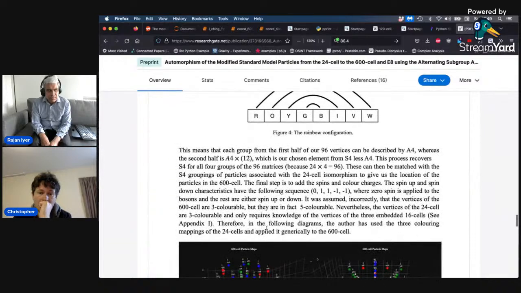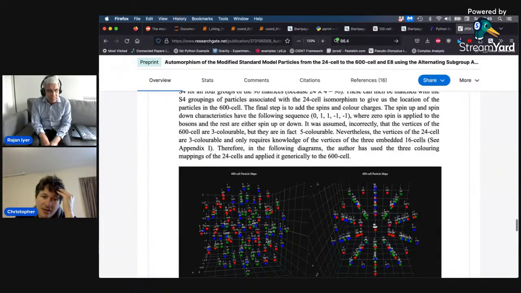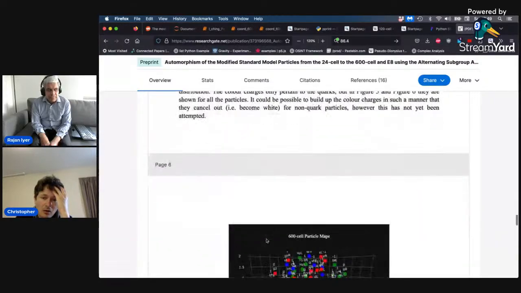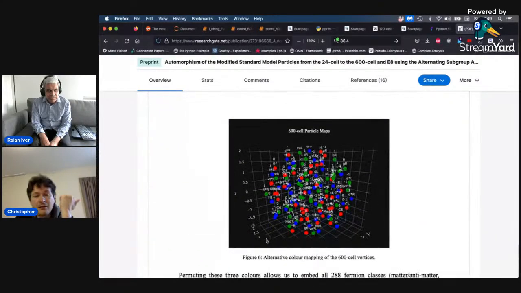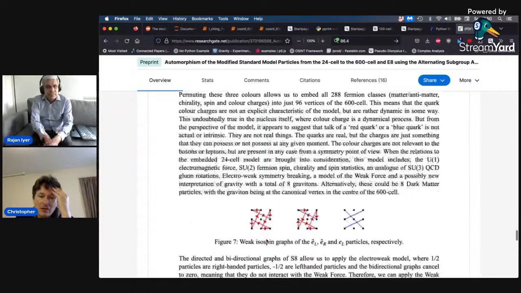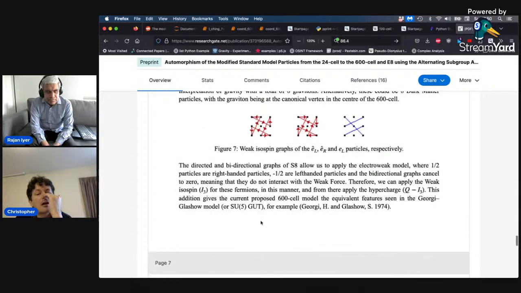So instead I used the 600 cell, and I was able to get all of the particles, the antiparticles, left and right-handed, spin up, spin down, and all the relationships to the weak symmetry breaking through the S8 graphs.